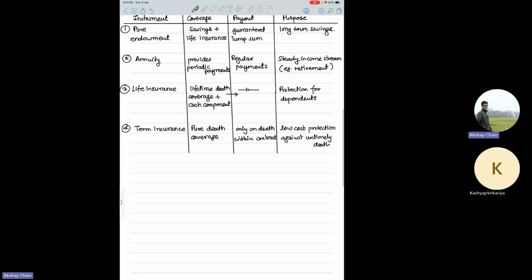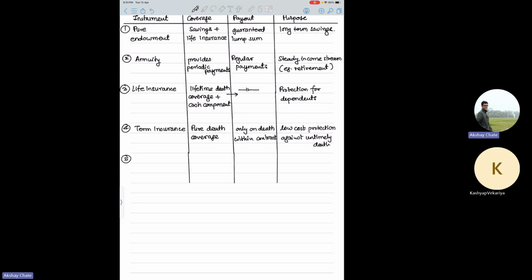Usually, nowadays, that classification is gone because even young people are struggling with heart diseases, etc. So anyway, if you want low cost protection against untimely death, you should buy term insurance.